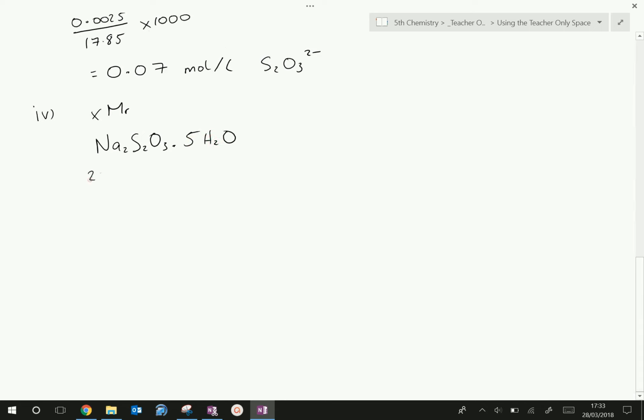So that means I have 2 23s, 2 32s, 3 16s, and 5 18s. Water is 18. And that gives 248. So I need to multiply my 0.07 by 248.